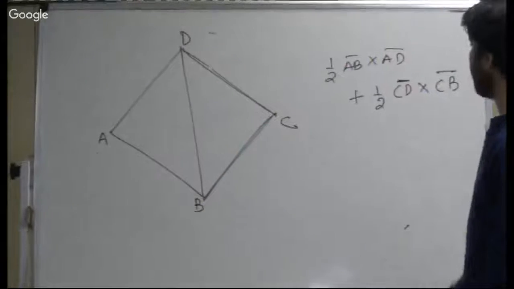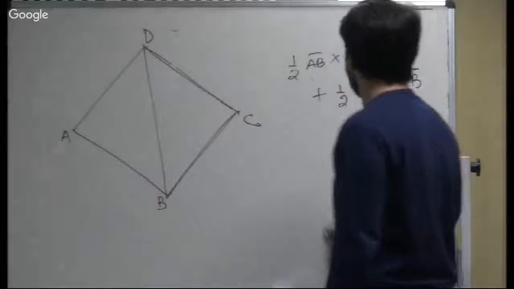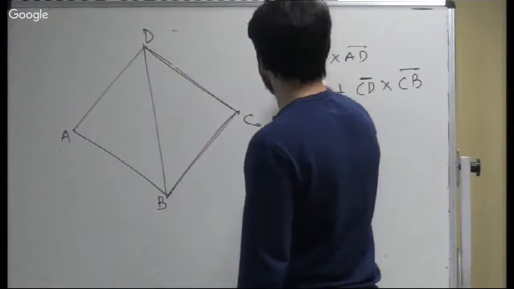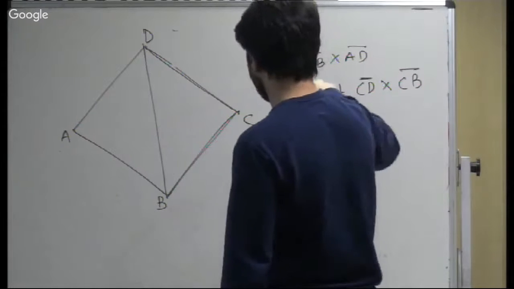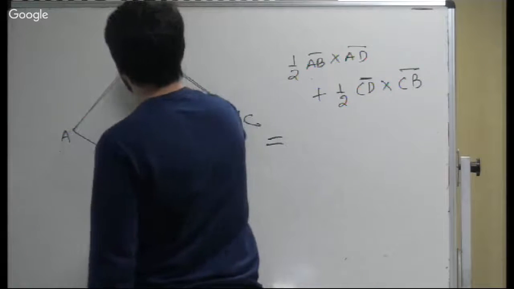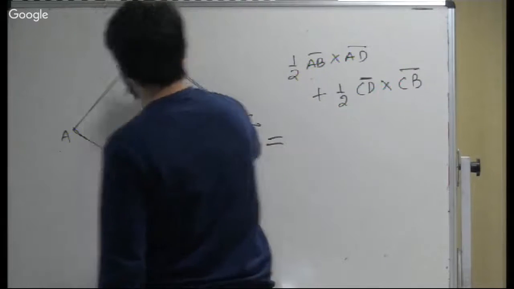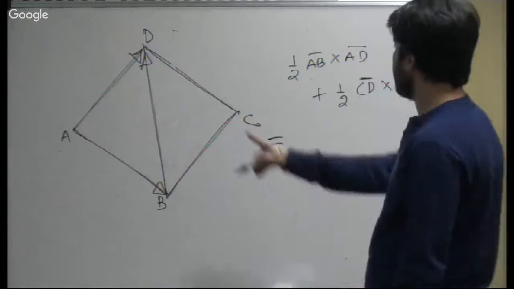Clear? Now, I want my AB, AD plus BD is equal to AD, right?